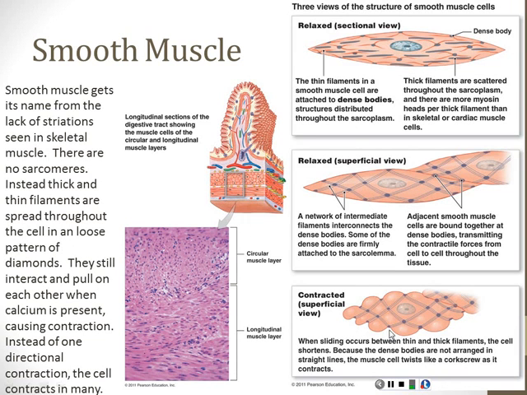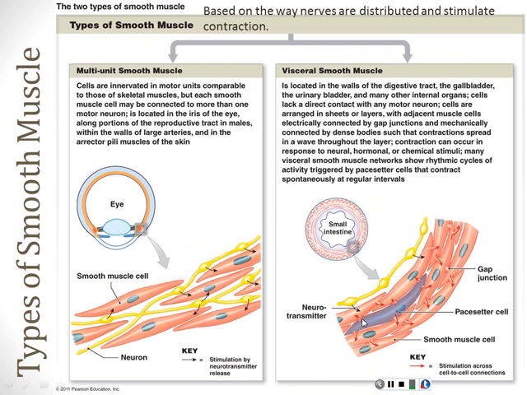All right, so no sarcomeres, but still actin and myosin. And the trigger for contraction for smooth muscle cells is calcium, just like we saw in skeletal muscle and cardiac muscle. So that all three share in common. All right, so we have this arrangement and contraction in all directions at once.